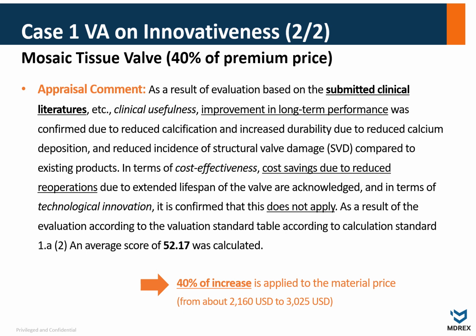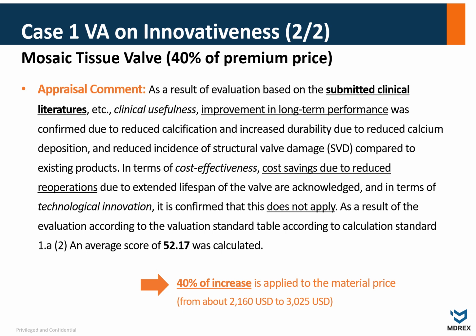The appraisal comment from the VA committee is here. It recognized the material's clinical usefulness, improvement in long-term performance due to several factors, and cost-effectiveness, cost savings achieved from reduced reoperations and extended lifespan.